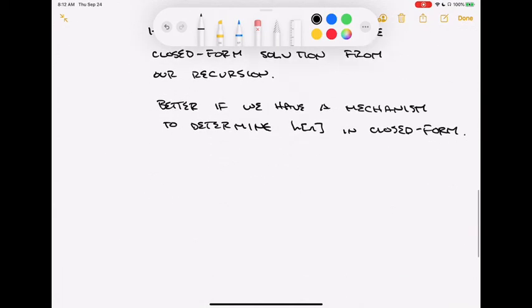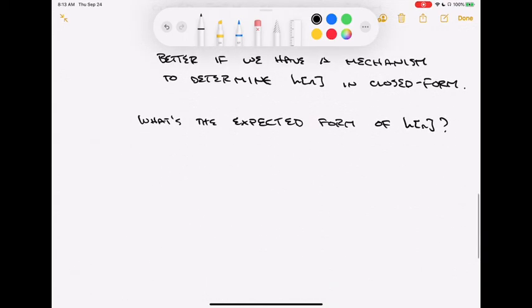All right. What does h of n look like? If I want to think about what's the closed form, what's the expected form of h of n? I think we could do it something like this.